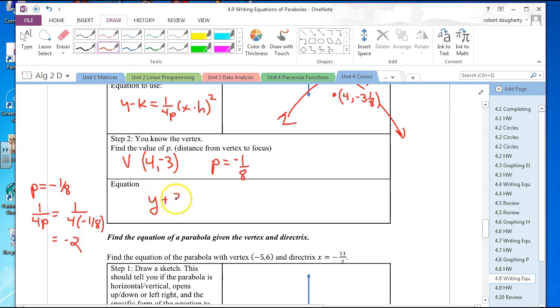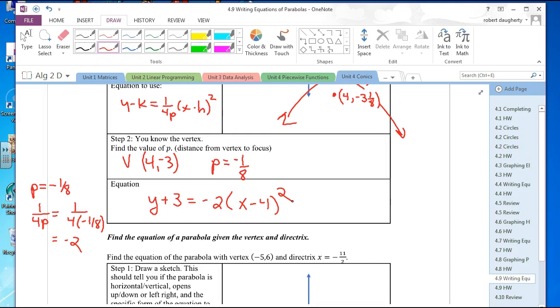Y plus 3 equal what? Yeah, 1 over negative 1/2, or just negative 2. And then what? Yeah, x minus 4 squared. Yeah, so you got it? Okay. If you need to add extra steps there, that's good.